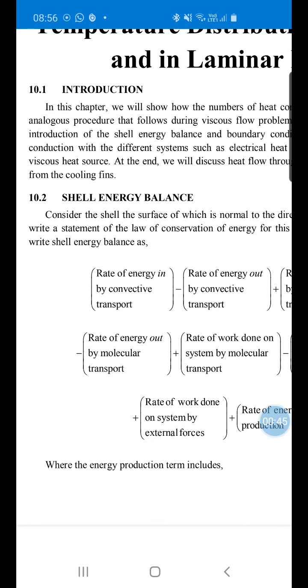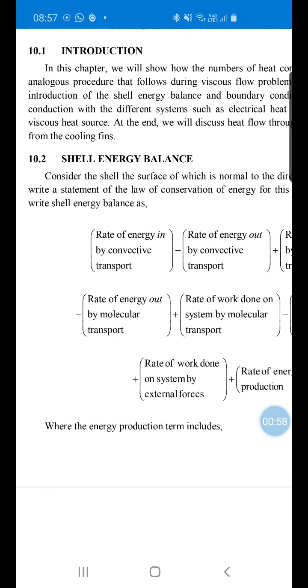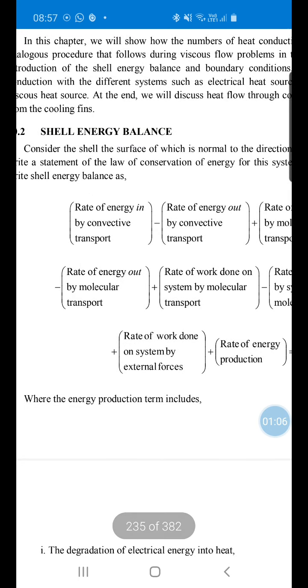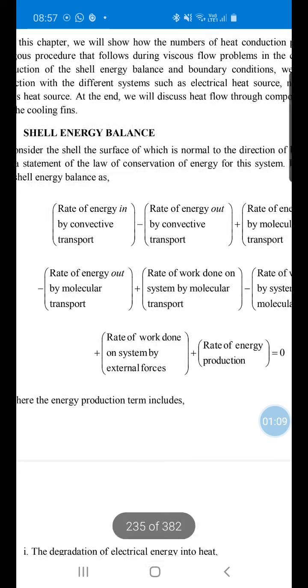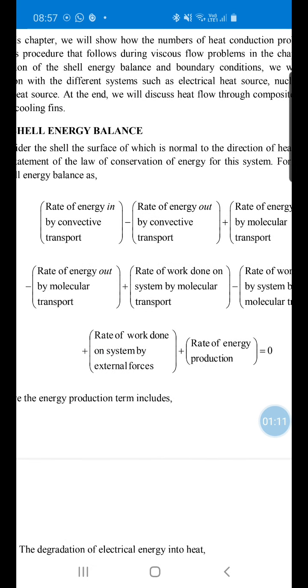Before starting the various derivations related to heat conduction, first of all we'll discuss how to write the shell energy balance. In a similar way, we discussed the shell momentum balance in chapter 3. Similarly, we can write the shell energy balance over any system at steady state. The first term included in the shell energy balance is the rate of energy in by convective transport minus the rate of energy out by convective transport.